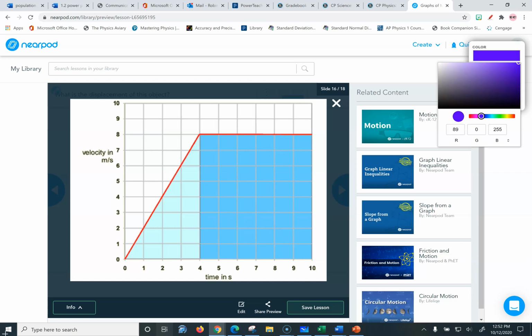You will divide it into this light blue triangle and then this darker blue triangle. Since they're all positive, we're just going to add them up, and your distance and your displacement will be the same. Okay, so pause your video and then come back and check it out.